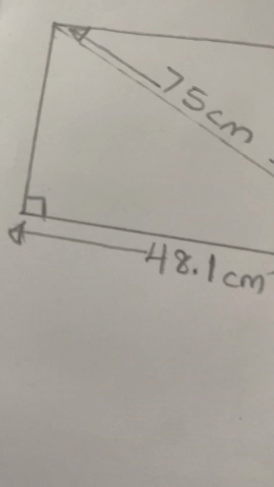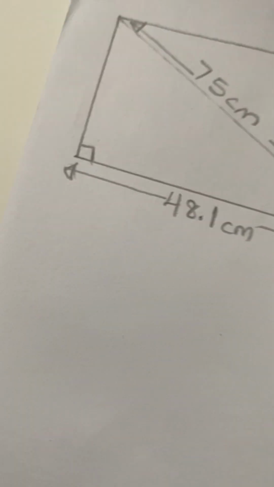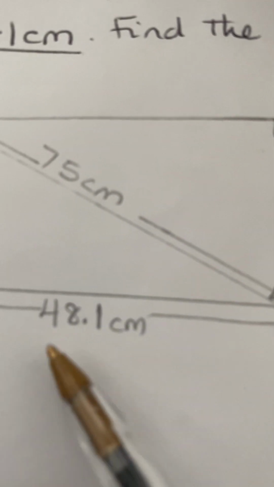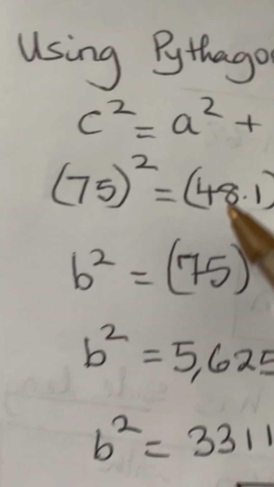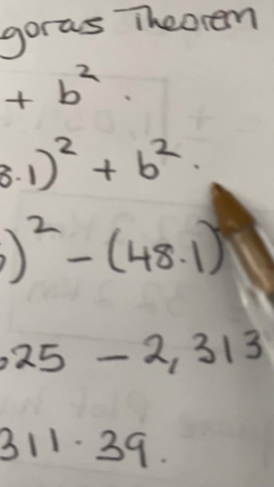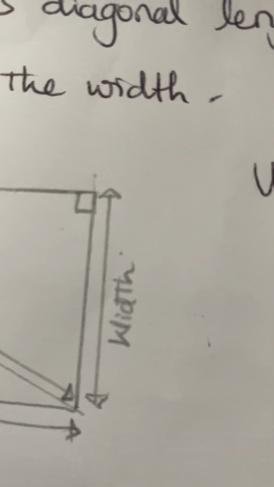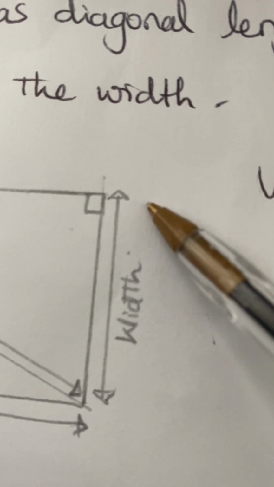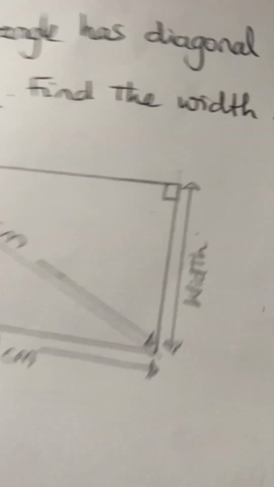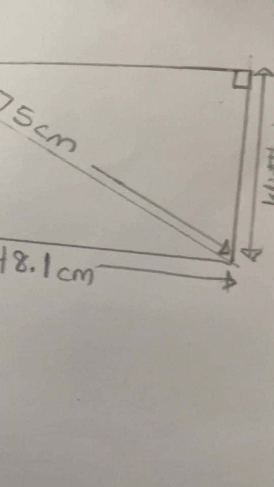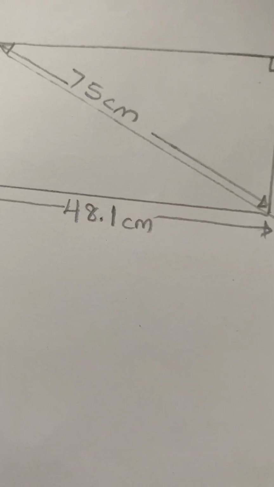Now 75 centimeters all squared will be equal to 48.1 all squared plus the part we haven't been given, the width. Again, my diagram is not to scale. I just drew it to explain the question to you.